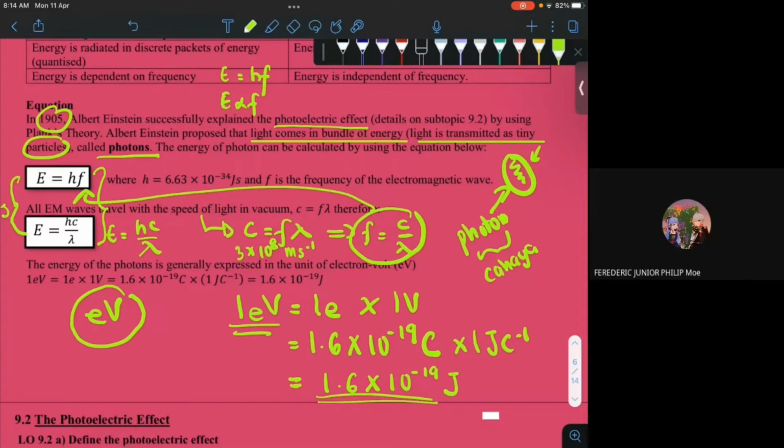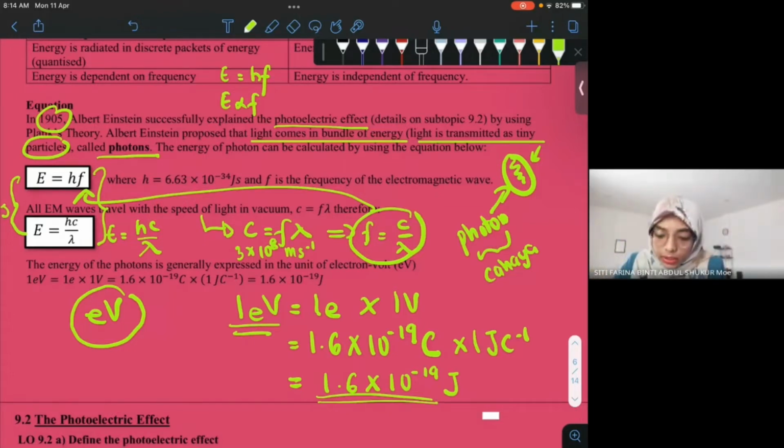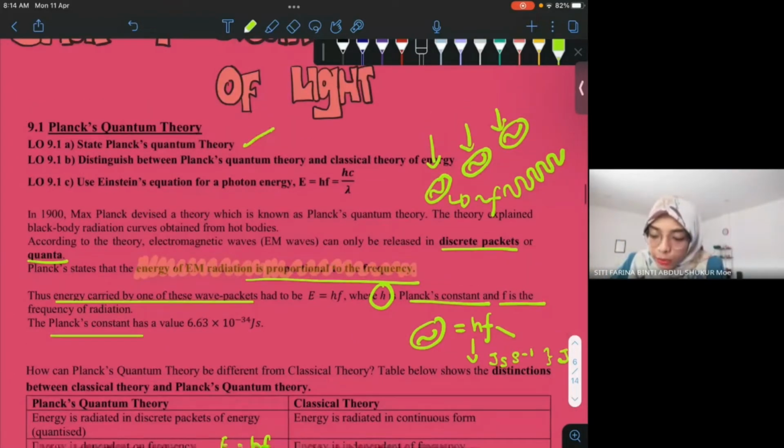No, miss. Okay, that means you understand Planck's quantum theory? You can differentiate between Planck's and classical, just two points. Classical says energy is in continuous form, Planck says no, energy is discrete. And then classical says energy does not depend on the frequency, Planck says yes, it depends on the frequency.